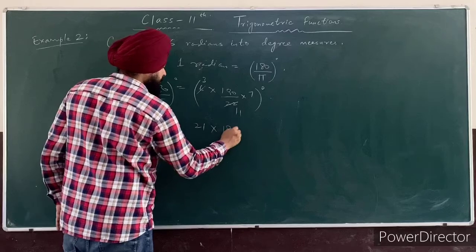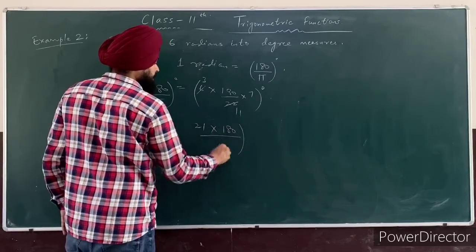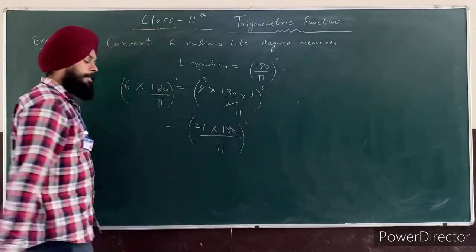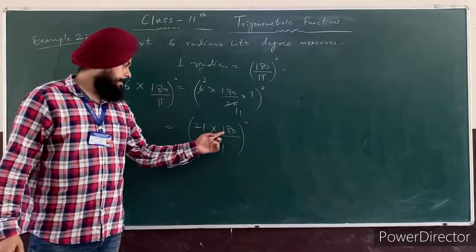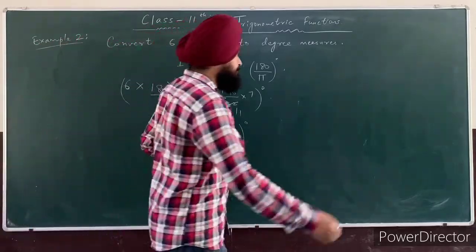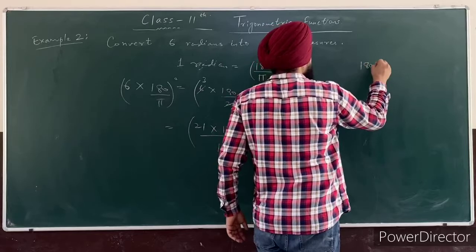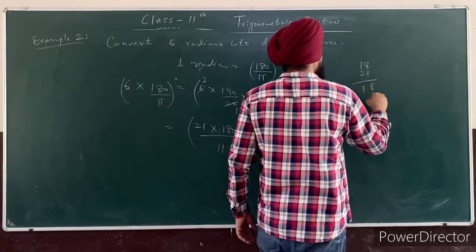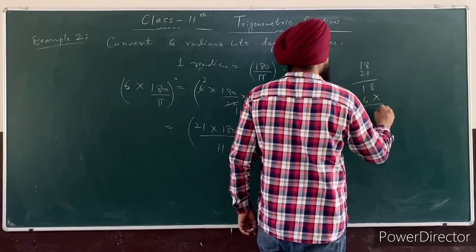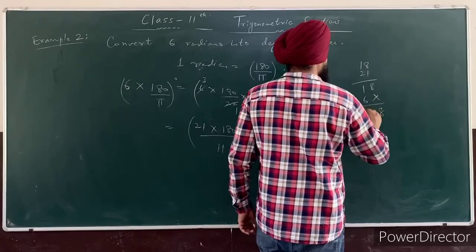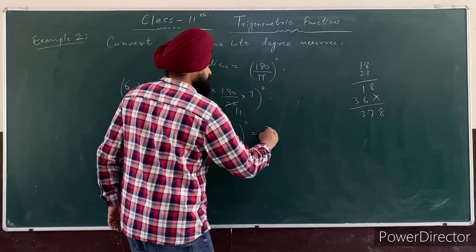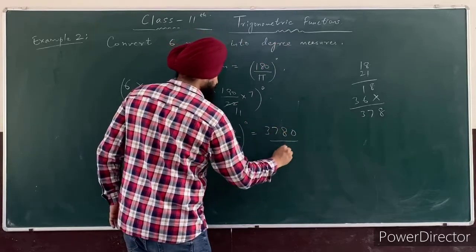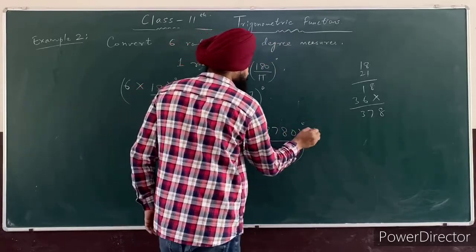Multiply 180 divided by 11 degree. Now we have to multiply 180 by 21. It is 3780 divided by 11 degree.